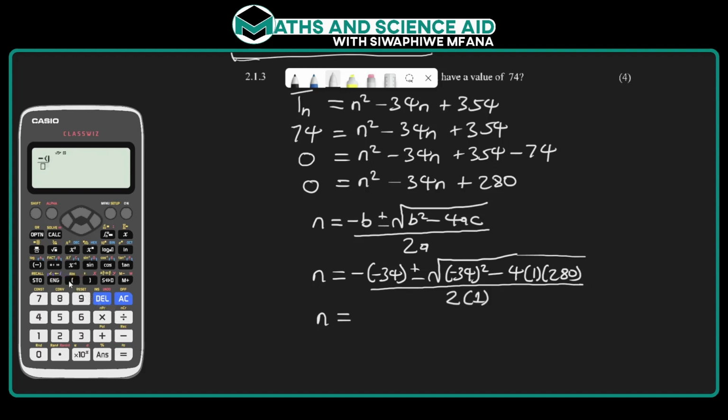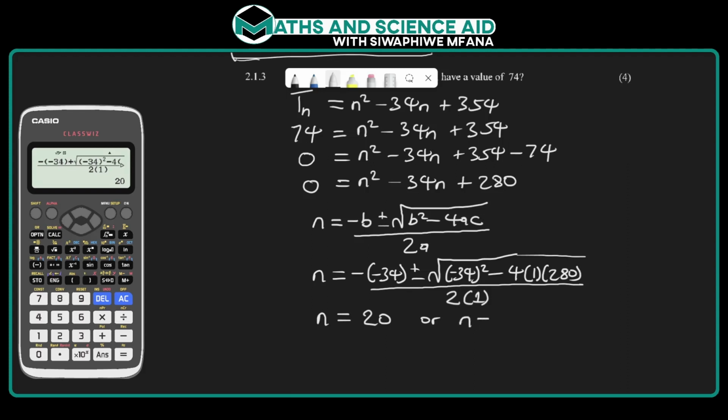So we have negative multiplied by negative 34 plus the square root of negative 34 squared minus 4ac, which is 280. And then we divide by 2a, or 2 multiplied by 1. And so we see that we get n equals 20.